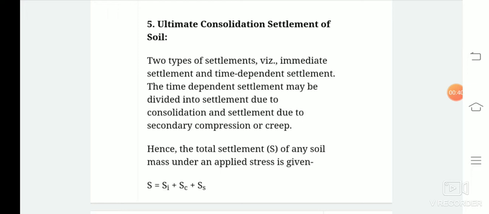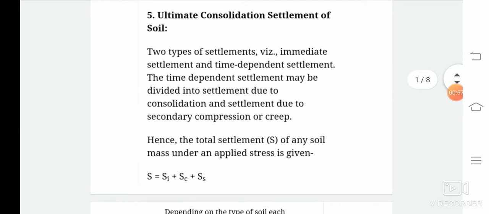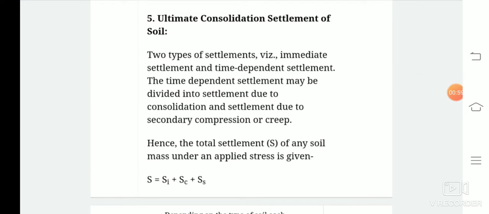So the main aim of studying consolidation is to learn the settlement of the soil, how the soil is behaving under a certain amount of load. So the ultimate consolidation settlement should be measured from consolidation.